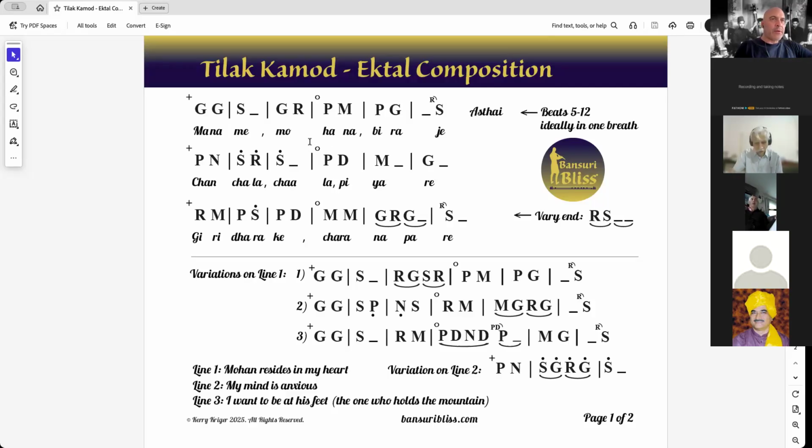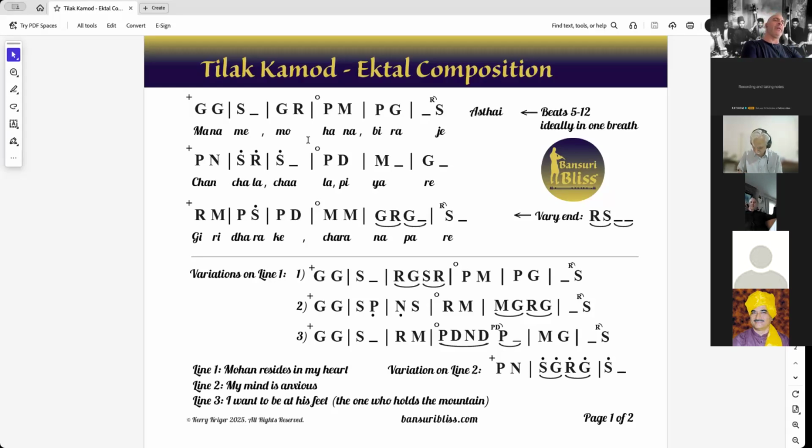In the second vibhag, when you say ga ri ga sa, the ga is the higher ga, is it? Why would it be any other? It's always going to be the note closest.